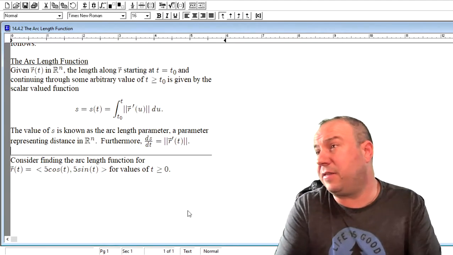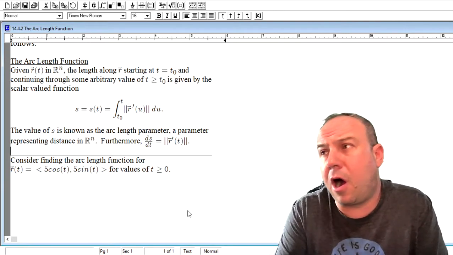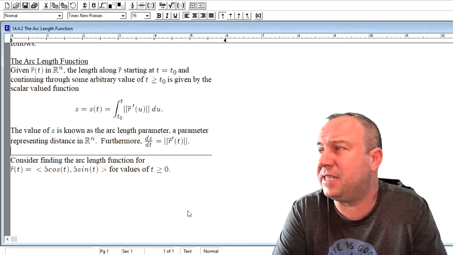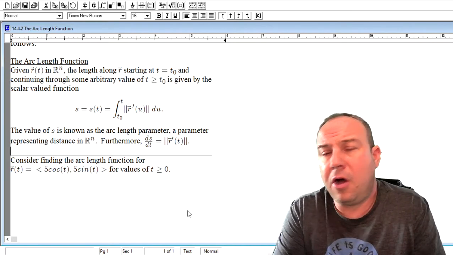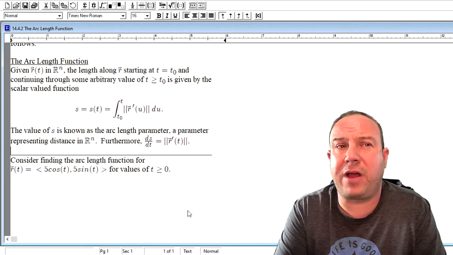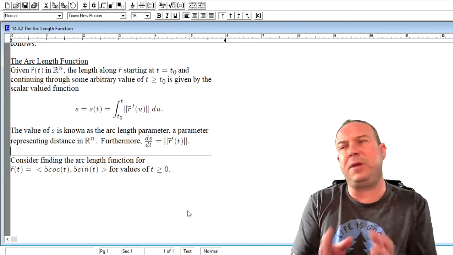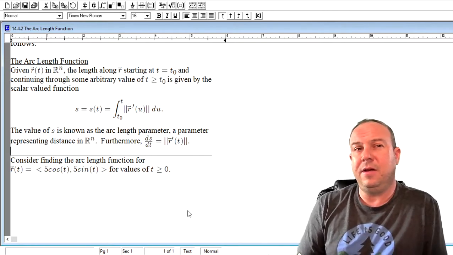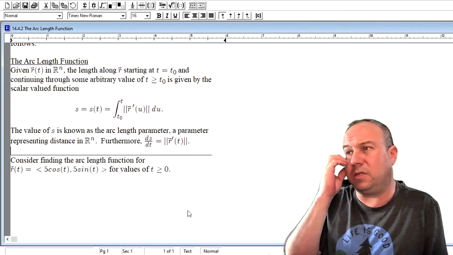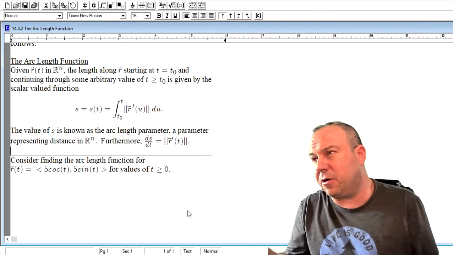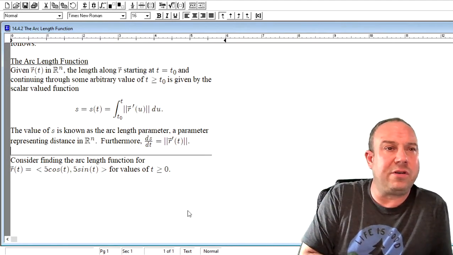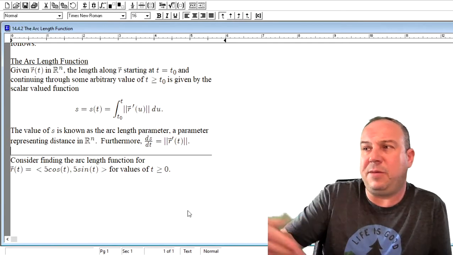Consider finding the arc length function, right, for r bar of t equal to this vector 5 cosine t, 5 sine t, over values of t that are greater than or equal to 0. So consider being on this curve, 5 cosine t, 5 sine t, for values of t greater than or equal to 0. Starting at 0 on this curve and then continuing off in a forward direction, right? Well, t might just move forward.